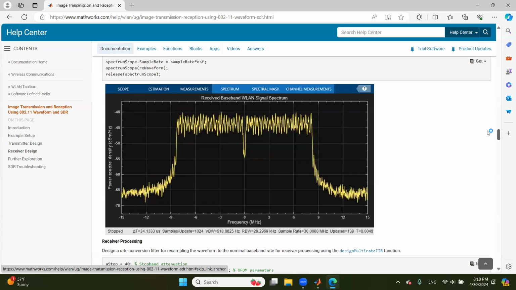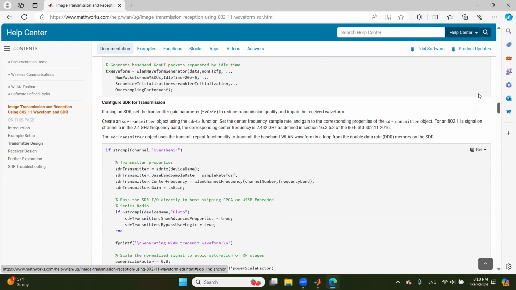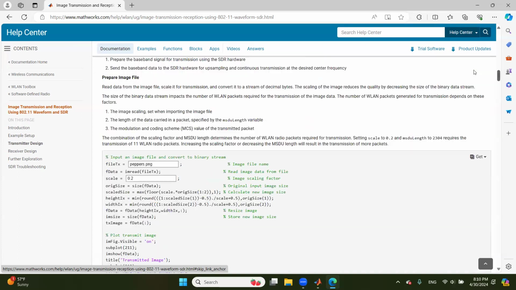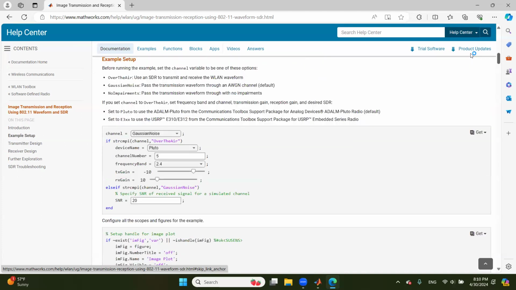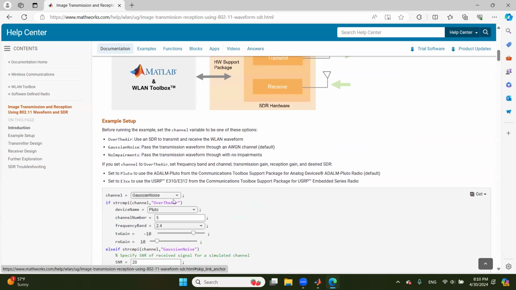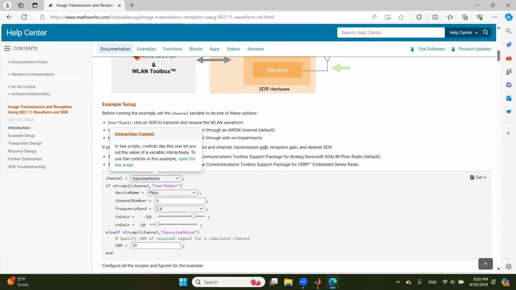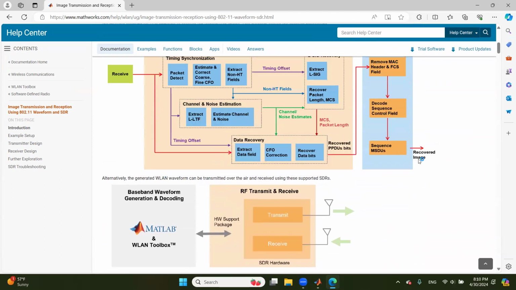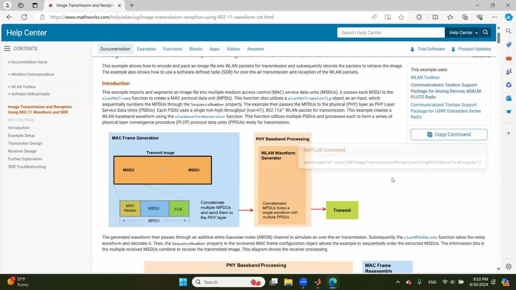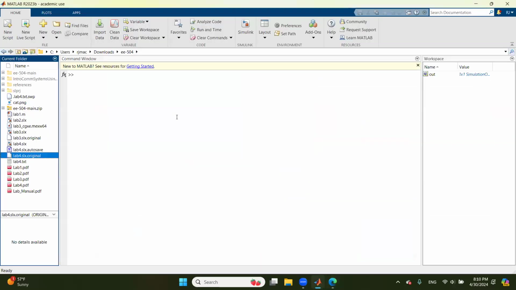And then you can also take a look at the signal spectrum and play around with some of the parameters here. Once you have MATLAB opened up, I can walk through this real quick, hopefully.